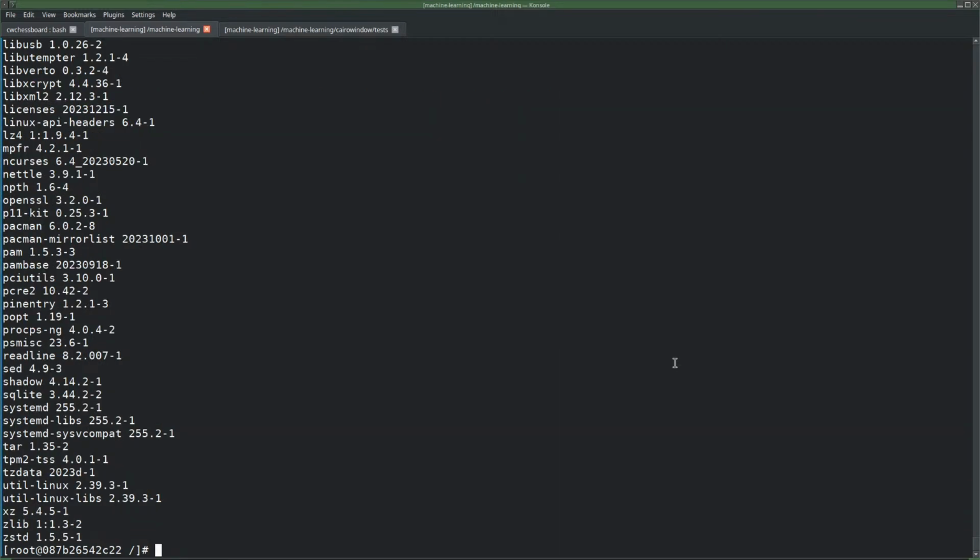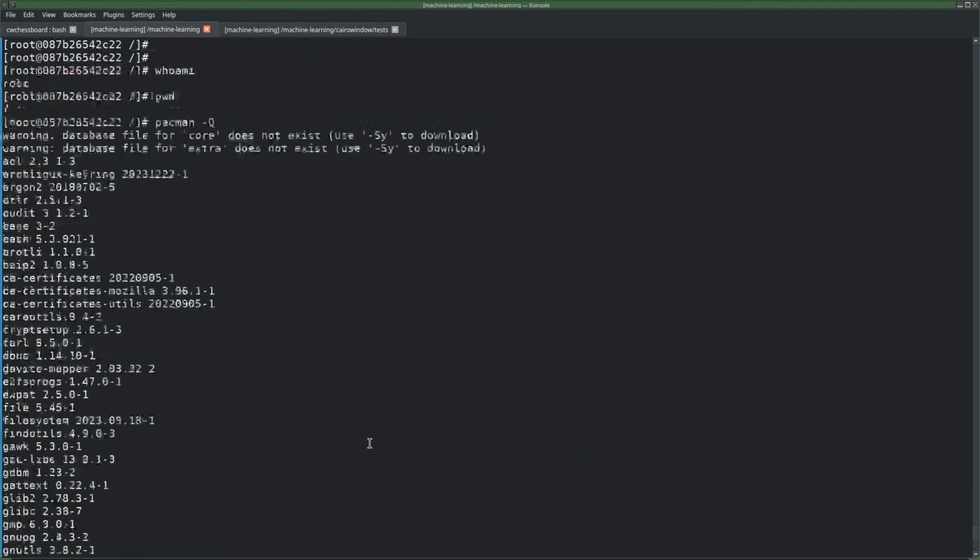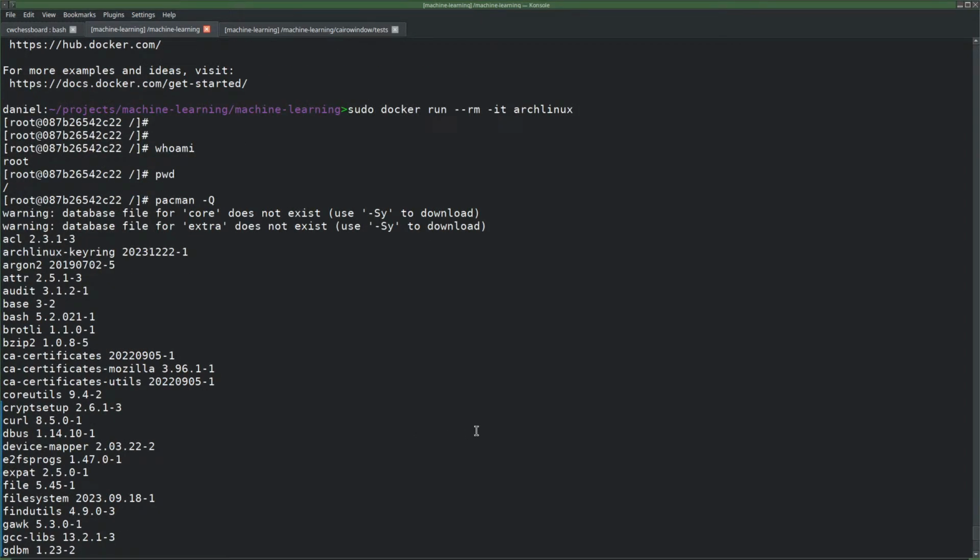Oh, what is that? Okay, it's rather limited, I guess. It's just what is put into this Docker, I guess. Database file for core and extra does not exist.